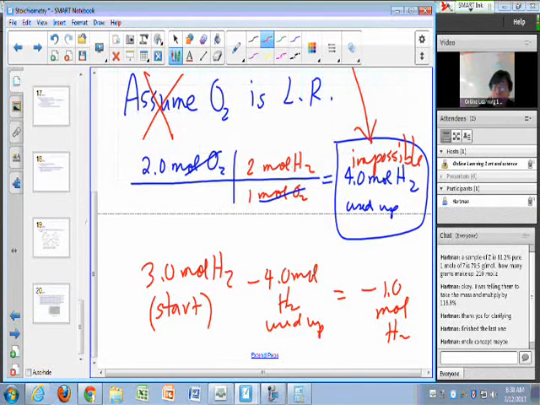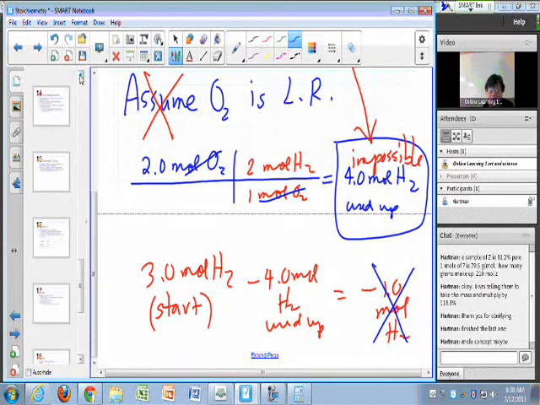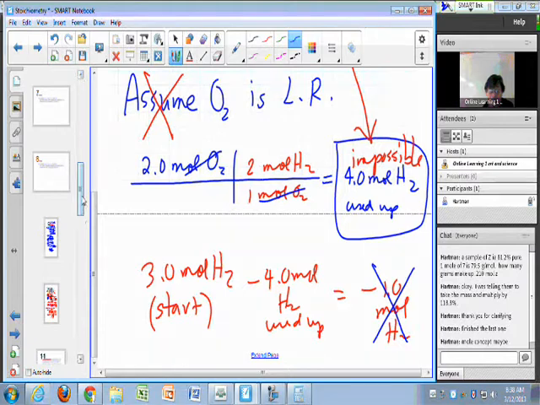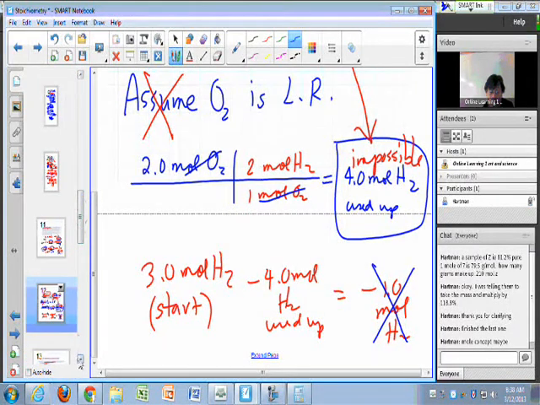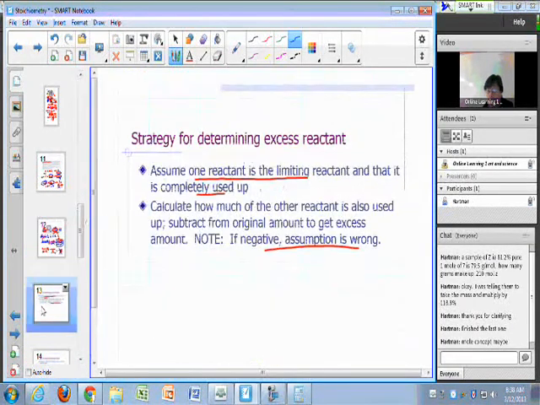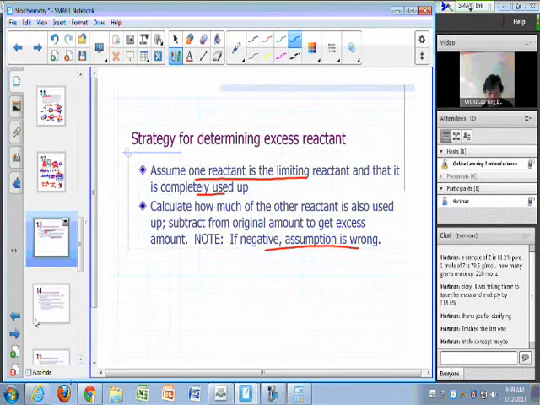Okay, so like I said, this is an incorrect assumption, and that's why you end up with negative moles of H2 here. Okay, so that's one strategy you can use for determining excess reactant. If your assumption is wrong, then make the opposite assumption to get the right answer.